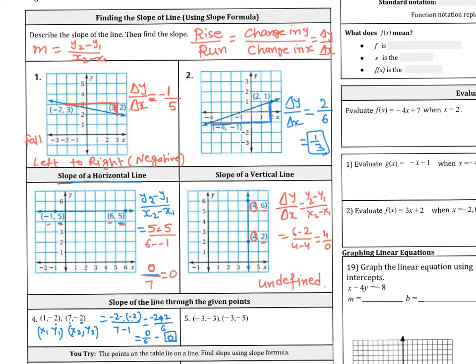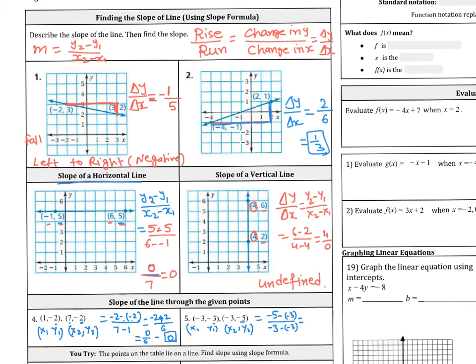The next is again x1, y1 and x2, y2, and then the formula is y2 minus y1. So minus is 1 from the formula, and then negative 3 divided by x2 minus x1.